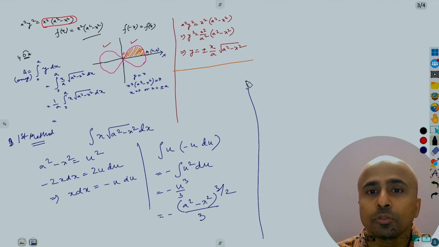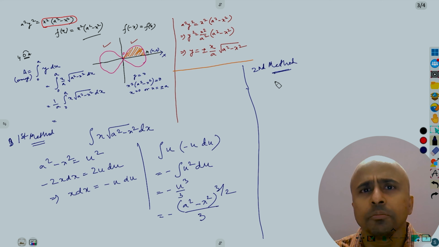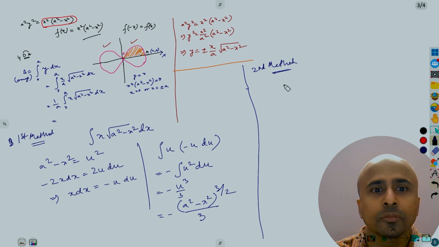There is another method to solve this, and actually you should prefer this second method, okay, because this is faster and this is quite simple actually. In this case you don't have to take any substitution, you just simply put the value and you will get the answer directly, okay.